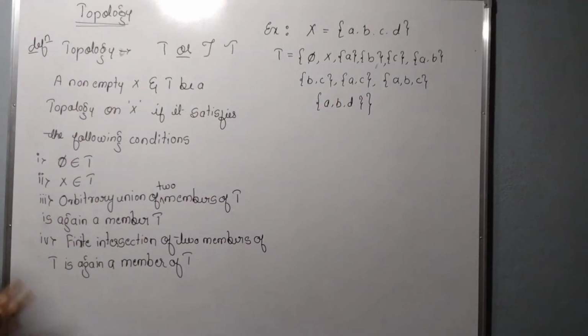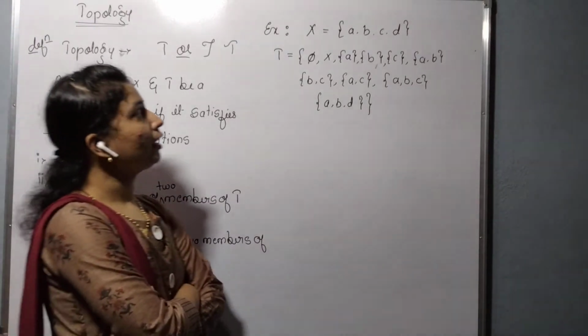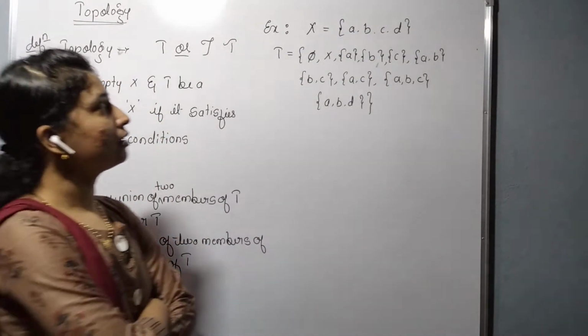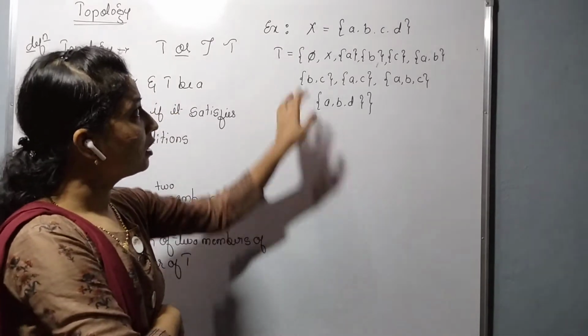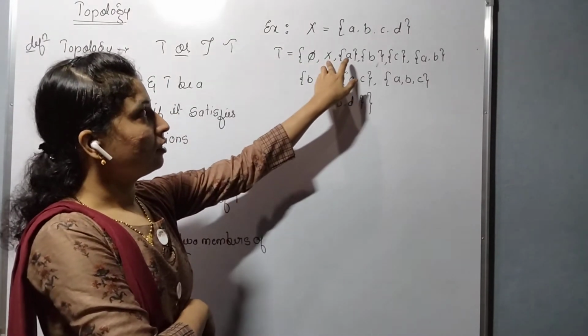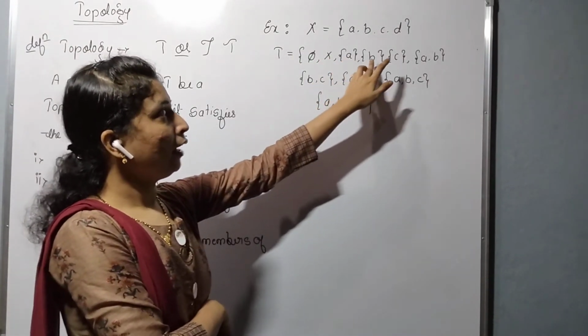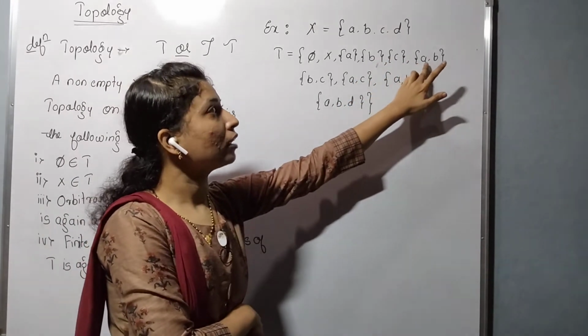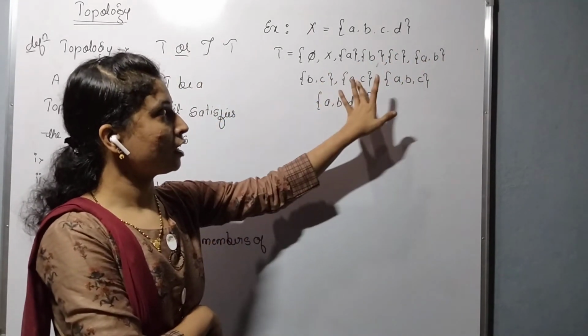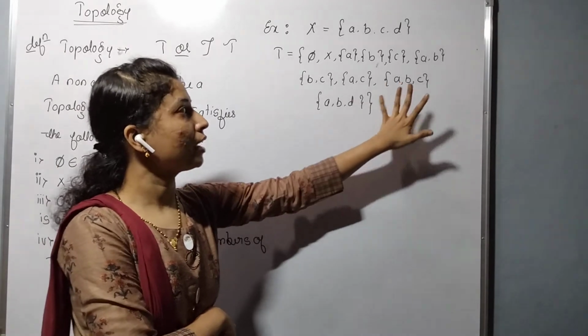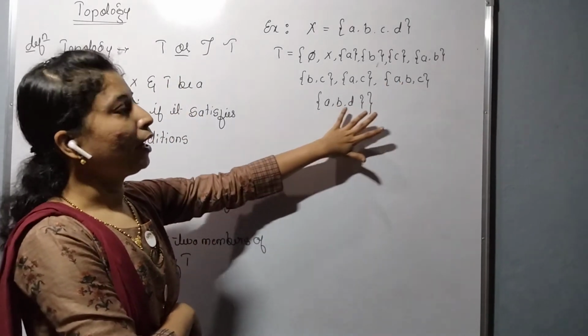Okay, just consider here the given example is X is equal to {A, B, C, D} and topology can be defined as null set and X, singleton A, singleton B, singleton C and set AB, set BC, set AC and set ABC.